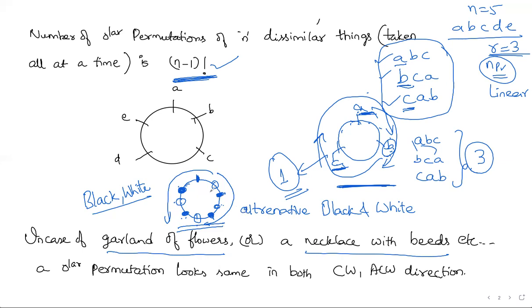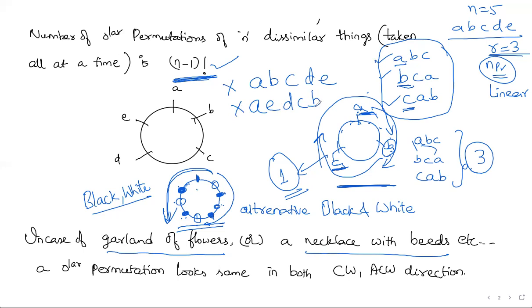But if the same condition is considered when we are placing people, suppose you consider the clockwise direction, there will be one set of people. If you see in the anti-clockwise direction, there will be another set of people. Suppose in this circle, if you consider clockwise, people are seated in the way A, B, C, D, E. If you consider anti-clockwise, people are seated in the way A, E, D, C, B. So these two are different when it comes to people or elements.